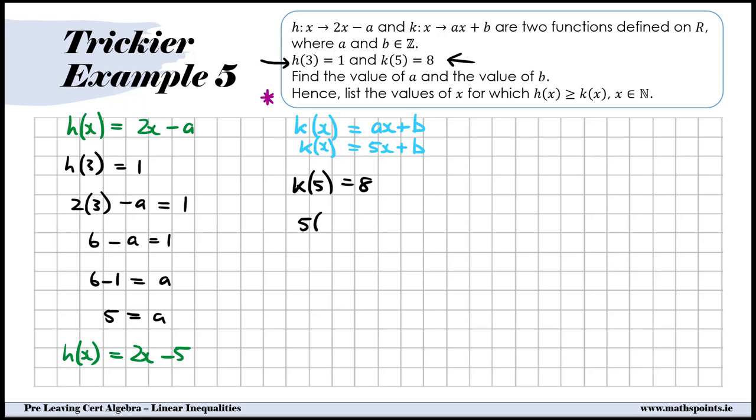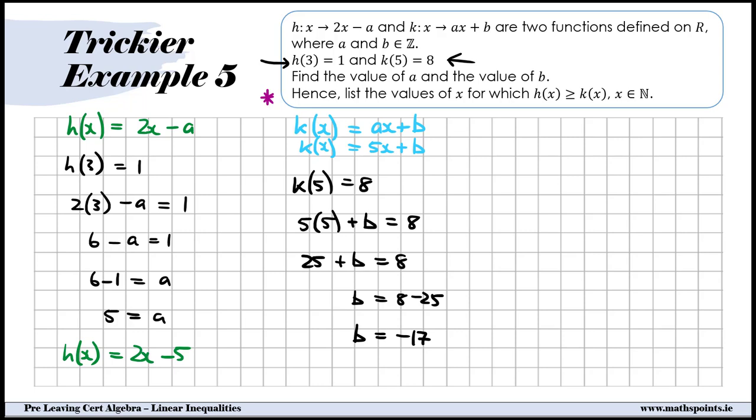So we have 5 on 5, I'm subbing 5 in for the x, plus b equals 8. 5 times 5 is 25, so 25 plus b equals 8. And then bringing the 25 over the other side and subtracting, I get b is equal to 8 minus 25, so b is equal to minus 17.